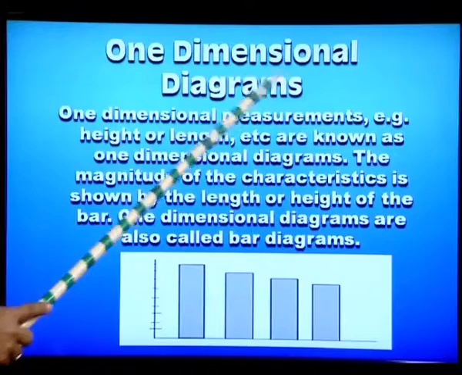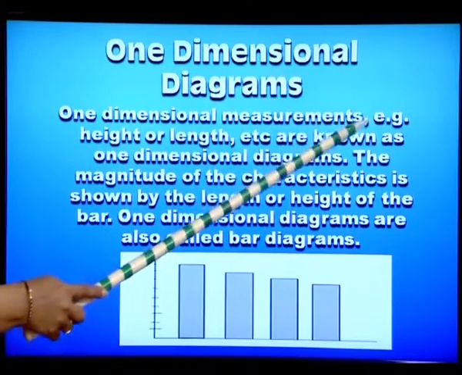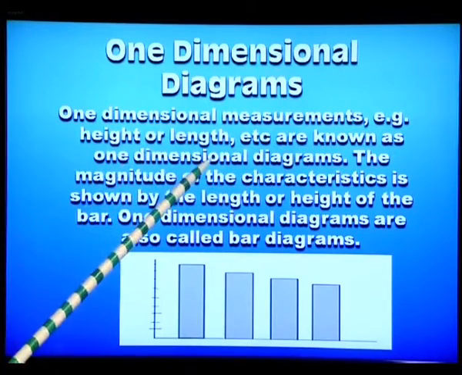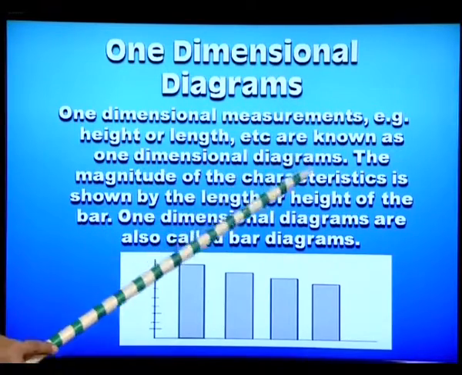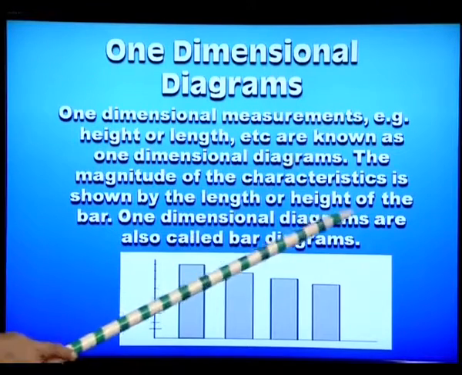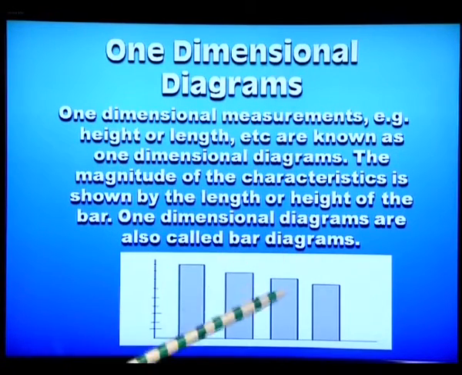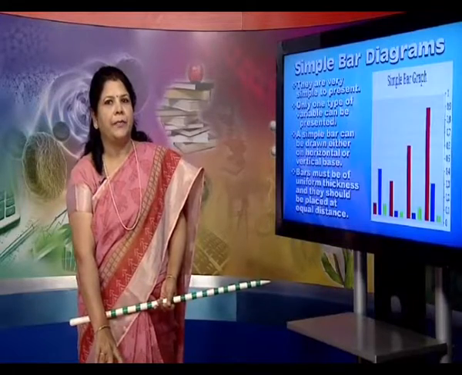One-dimensional measurements, for example height or length, are known as one-dimensional diagrams. The magnitude of the characteristics is shown by the length or height of the bar. One-dimensional diagrams are also called bar diagrams.